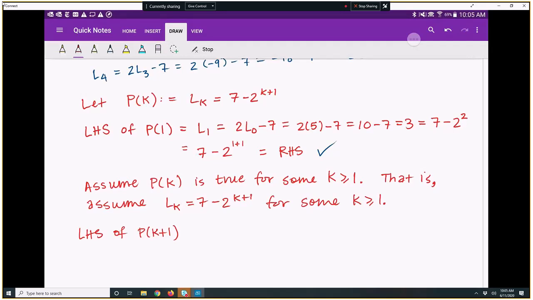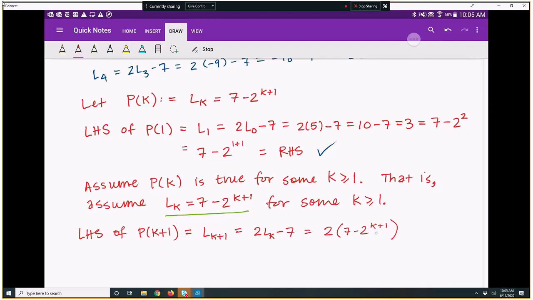So the left-hand side of P of k plus 1, by my recursive definition, is 2 times L sub k minus 7. And by my assumption, L sub k has this form. So I'm going to replace L sub k in my recursive expression by this form that I'm trying to legitimize.